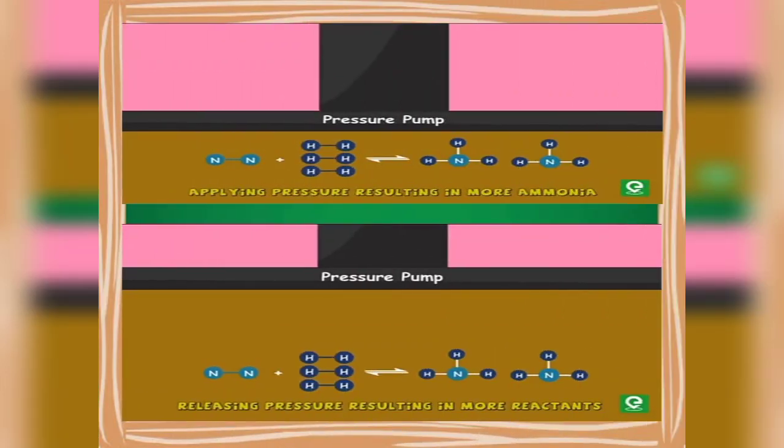So, if we apply pressure, the system will create more ammonia, reducing the number of molecules. And if you release pressure, the backward reaction will be favored. As you can see in the picture, applying pressure results in more ammonia, releasing pressure results in more reactants.